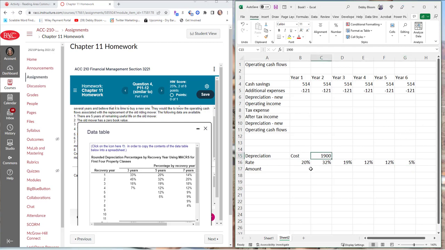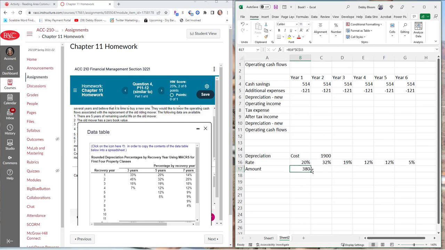So my cost is $1,900. My first year depreciation is going to be 20% of the $1,900. I'm going to use the F4 in the 1900, so I'll multiply each one of those percentages by the 1900.